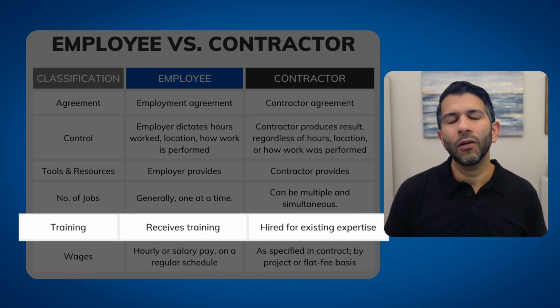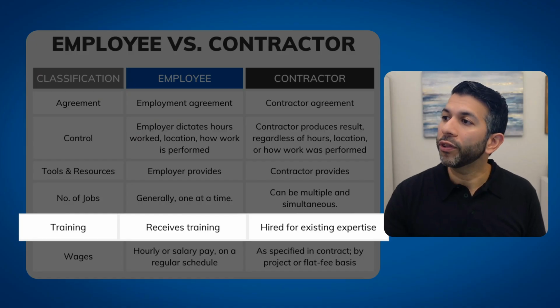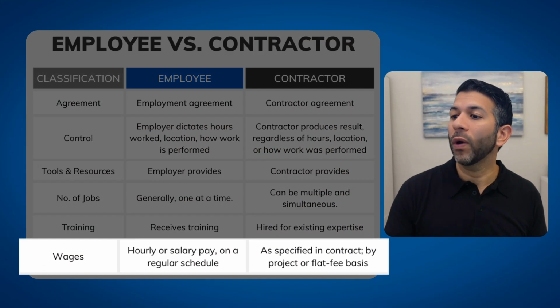Training. Typically with an employee, you're training this person on your process from day zero until the time they leave your company, okay? But with the contractor, you're hiring them because they already have the expertise. There's a lot less onboarding involved when you have a contractor versus an employee. And then wages.